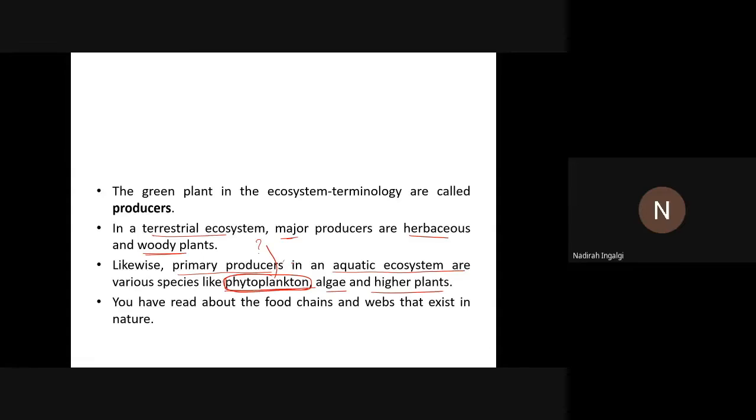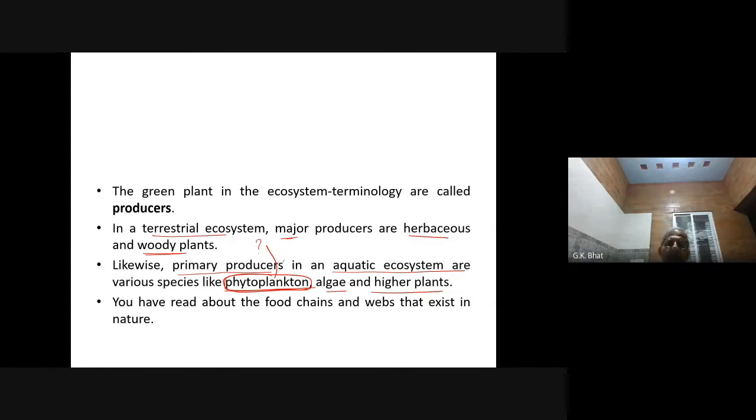Microscopic free floating plants. Microscopic free floating organism, plant organism. So, you must know that the primary producers in an aquatic ecosystem are phytoplankton, algae, and higher plants, aquatic plants.